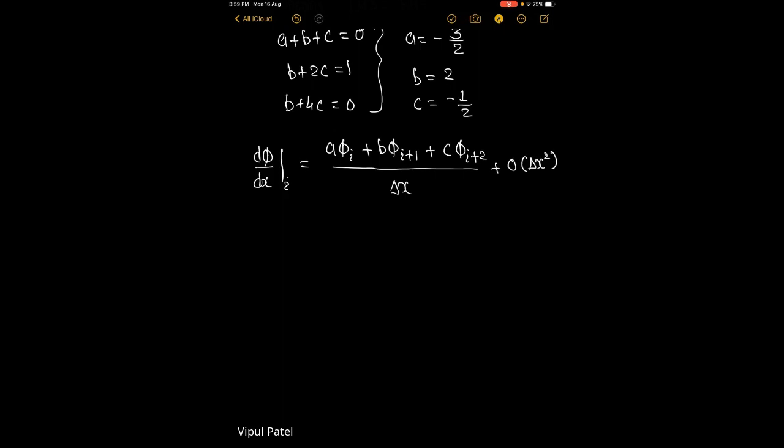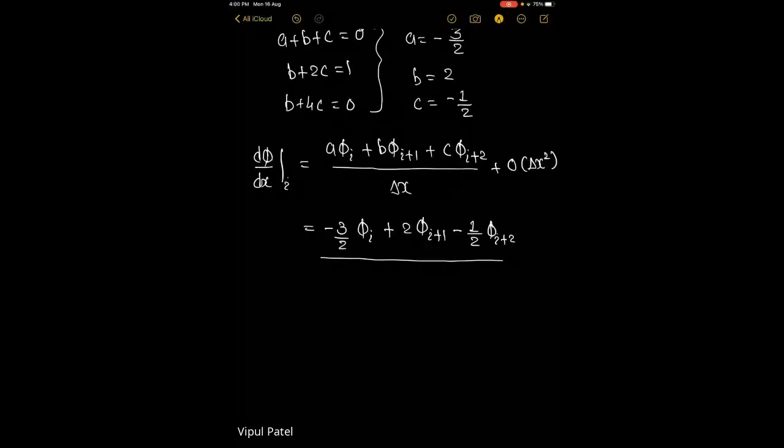So this was the formulation which we wrote initially, and we intended to find out the coefficients a, b, and c during this whole exercise. Now if I substitute the values, then I'll get minus 3 by 2 phi I plus 2 phi I plus 1 minus 1 by 2 phi I plus 2 divided by delta x.